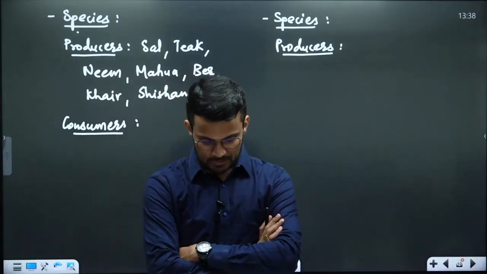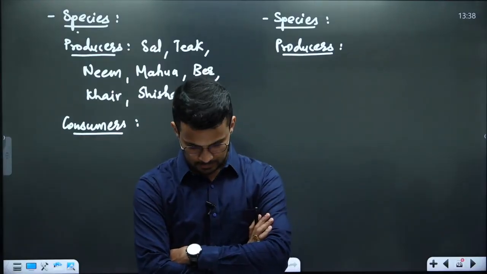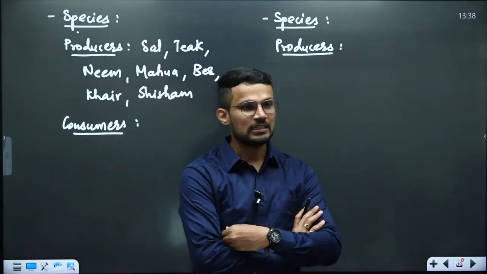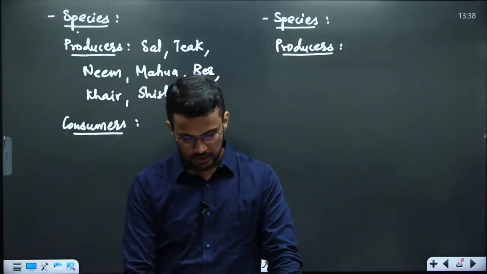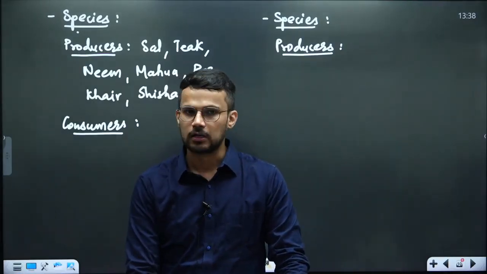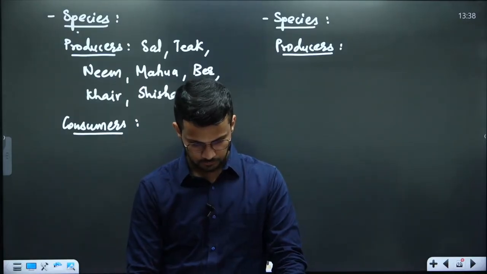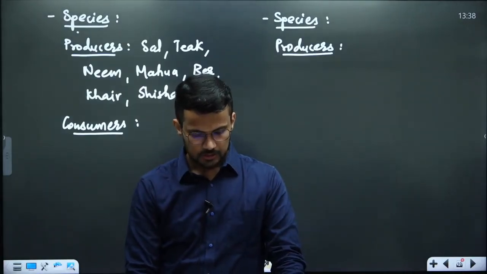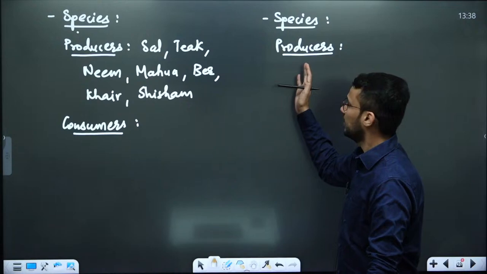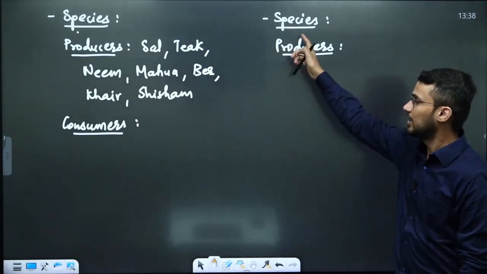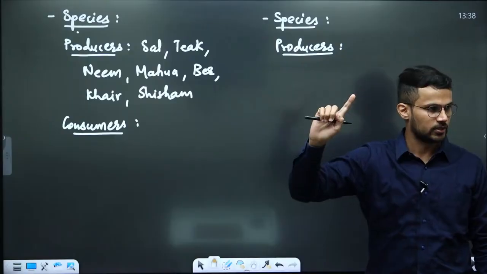Chestnut. Walnut. Cherry. Birch. B-I-R-C-H. ठीक है. ये सारे में देखने को मिलते हैं. These are the producers that we have in temperate deciduous.